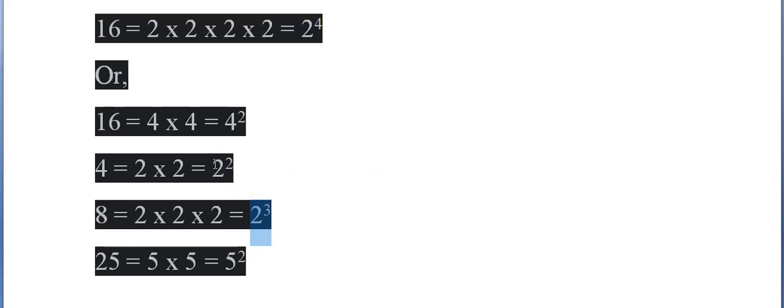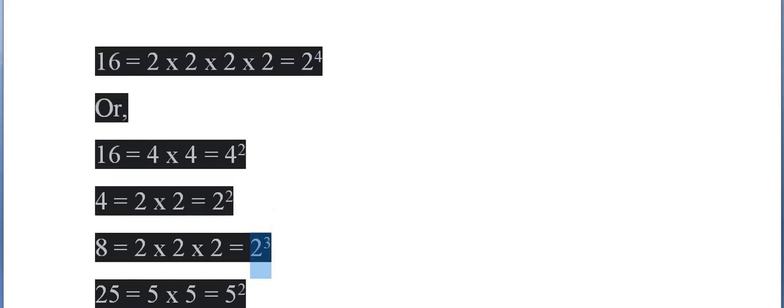And when the power is 2, we call it 2 square. But when the power is 4, 5, 6, 7, 8, 9, 10, we call it 2 to the power 4. When the power is 5, we call it 2 to the power 5, or 2 to the power 6. But when the power is 2, we call it square, and when the power is 3, we call it cube.